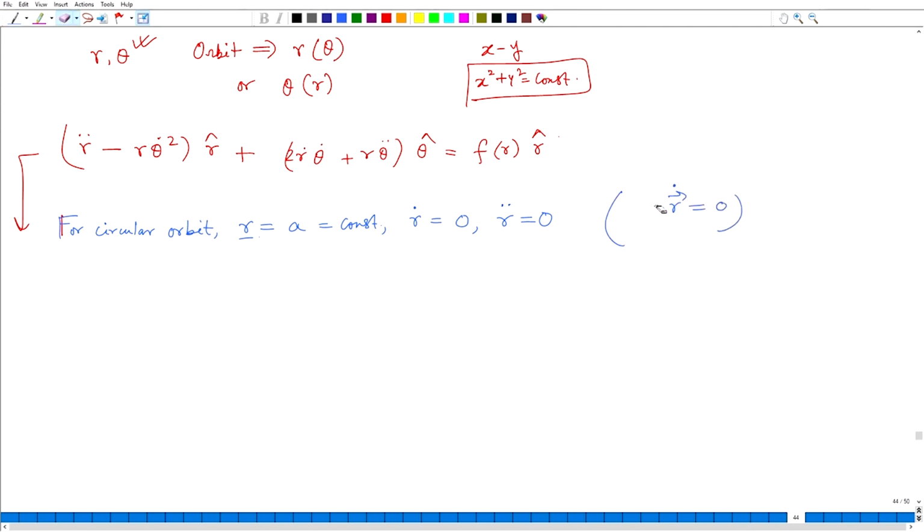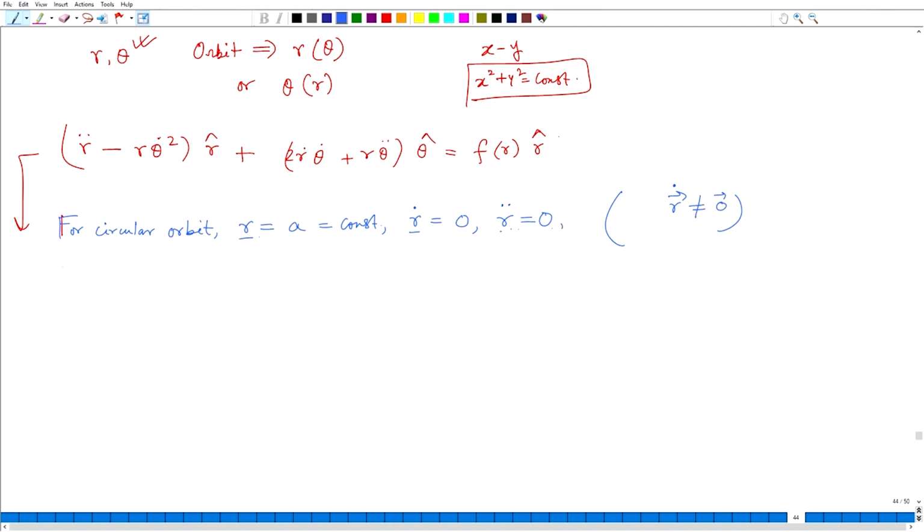Okay. That means that r vector dot is not equal to 0 vector. It is only their magnitudes that are constant, and that is why their derivatives are also identically constant.